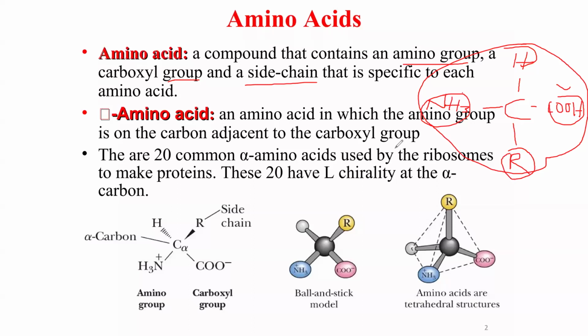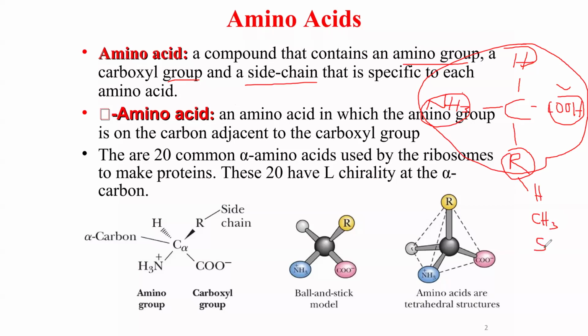In this structure of amino acids, as I said, we have this R side chain. This R side chain is very, very important because it is specific to amino acids. Some amino acids have hydrogen as their R side chain.